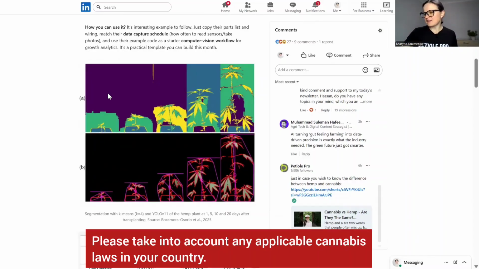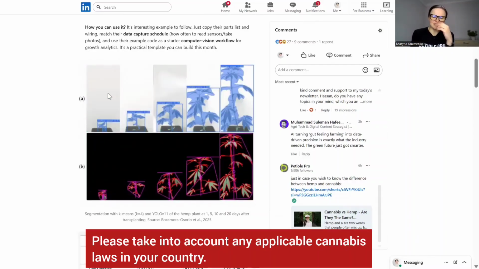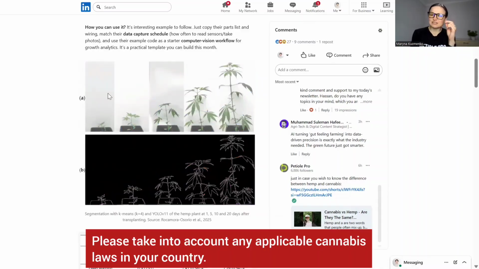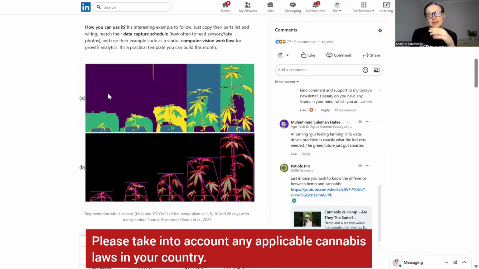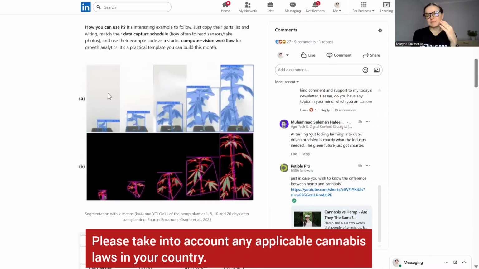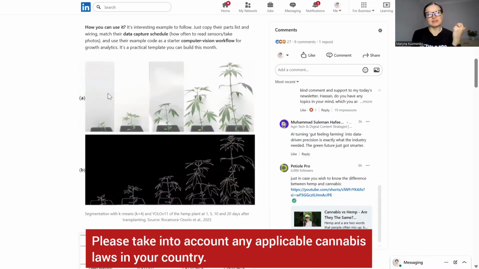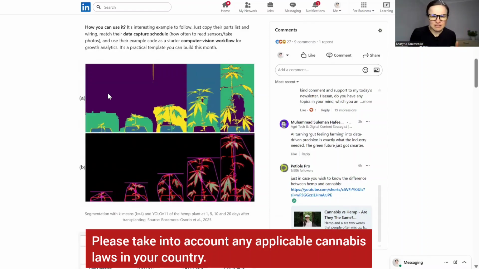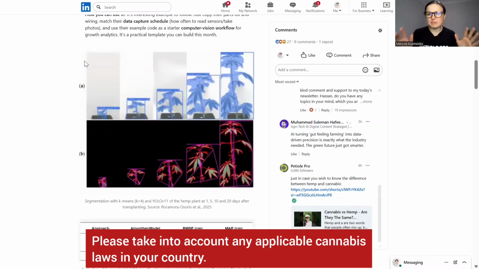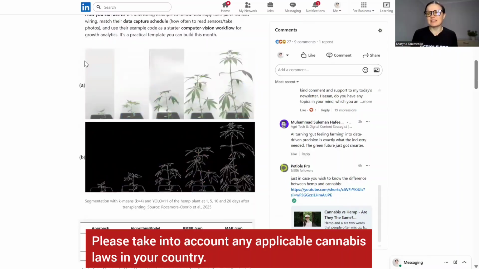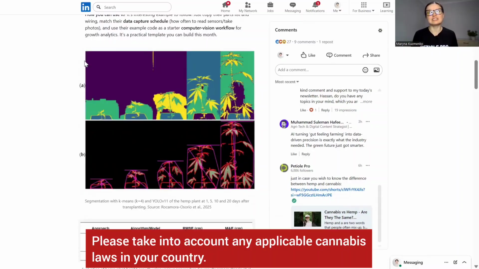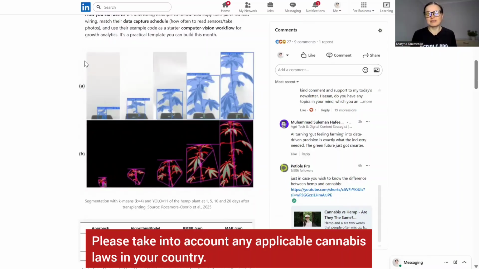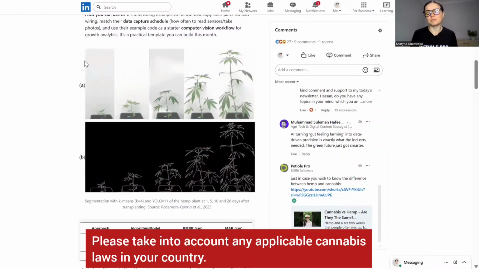They also did monitoring using sensors, collecting temperature, humidity, and other aspects of environmental conditions to see the change, as well as capturing photos of plants.